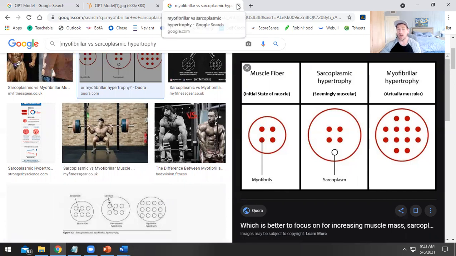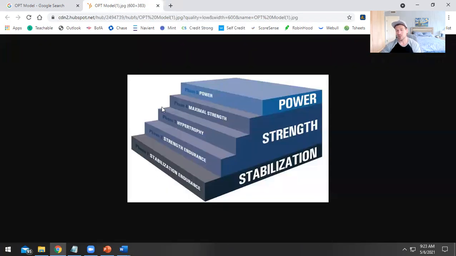So hypertrophy training is right in the middle of those styles of lifting that can do both of those things. It's still relatively short rest and relatively high repetition, so you're going to see sarcoplasmic hypertrophy, but it is also still relatively heavy, which means it can result in myofibrillar hypertrophy.